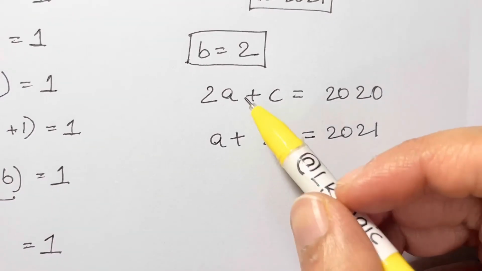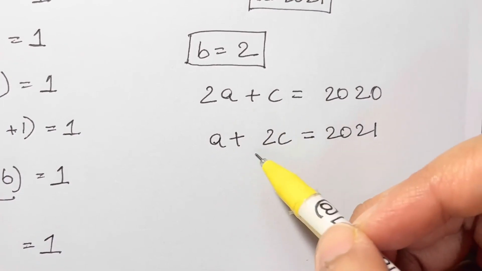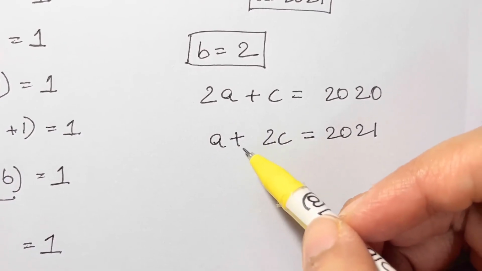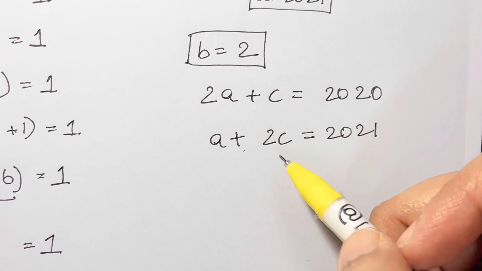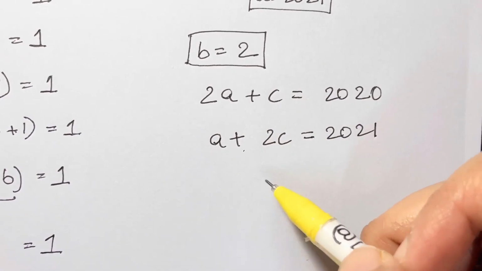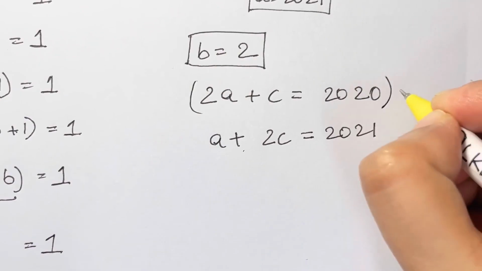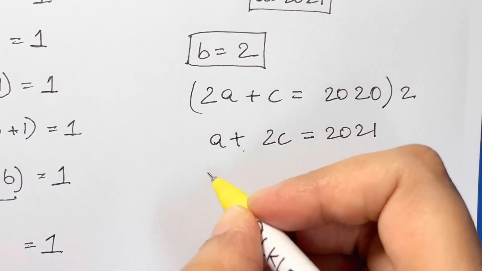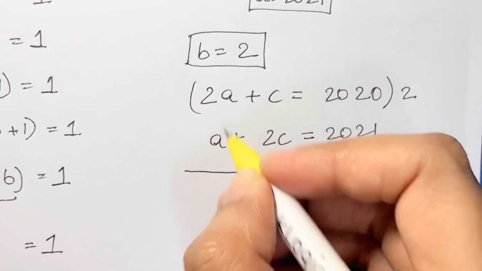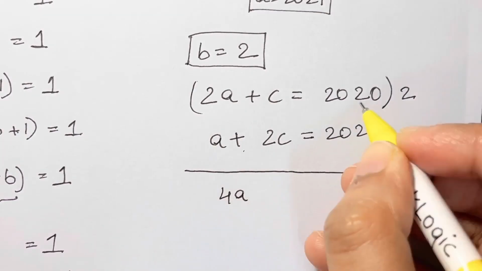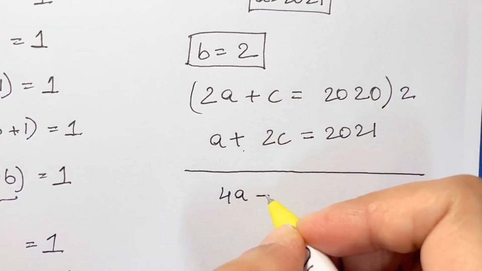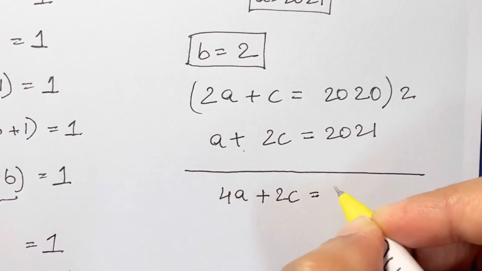Now to solve two equations with two variables, either we can use the substitution method or the elimination method. Let's try with the elimination method. To eliminate a variable, we need to make it same. So we are going to multiply this whole equation by 2. So we have 2 times 2, that's 4A plus 2C is equal to 4040.